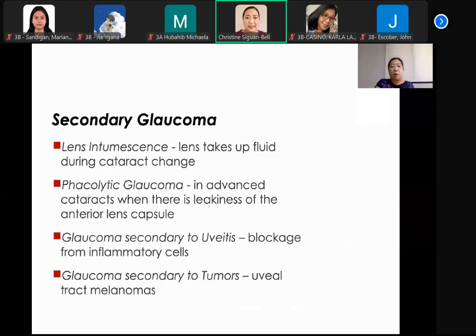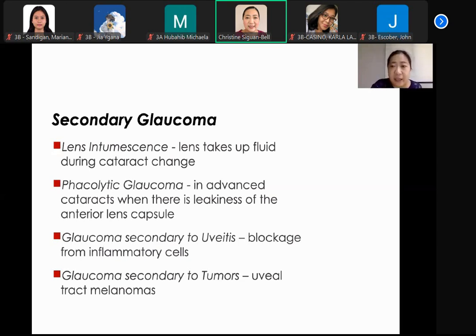Other types of secondary glaucoma include lens intumescence, where the lens is very mature and takes up fluid during cataract change. This lens will then block your pupil and cause a pupillary block, which will result in angle closure.